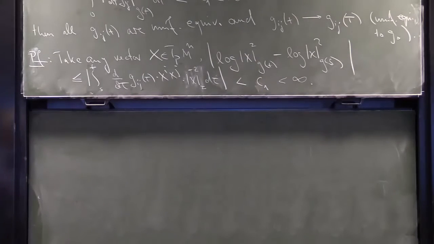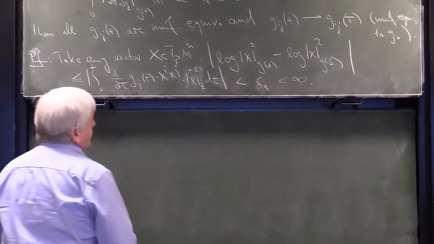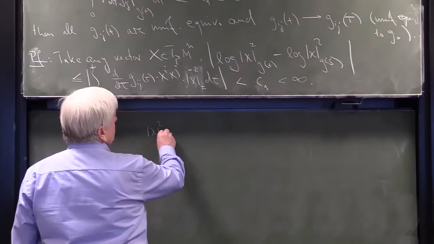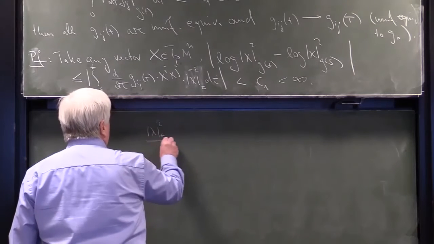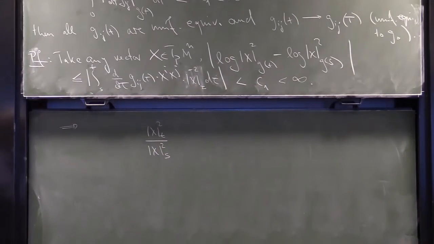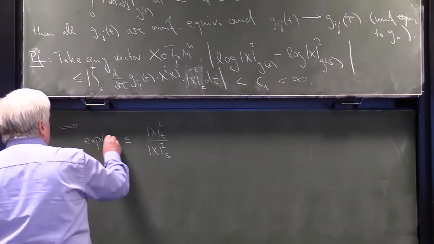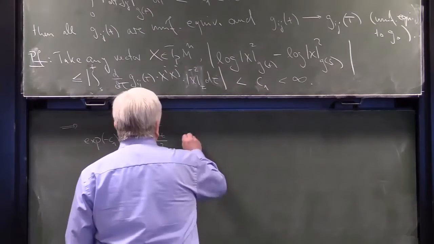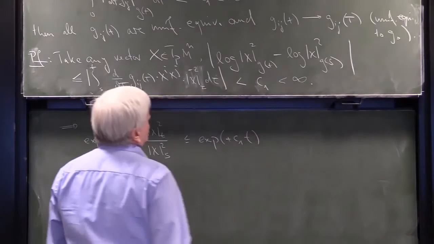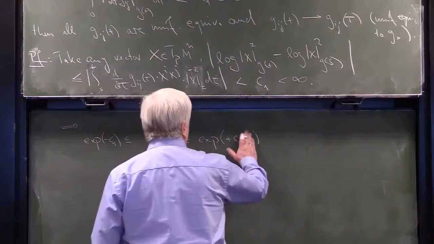So this tells me that x squared at time t divided by x squared at time s is bounded below by e to the -C1 and bounded above by e to the plus C1, fixed constants that have nothing to do with t.